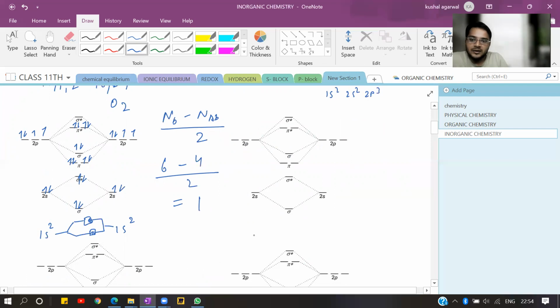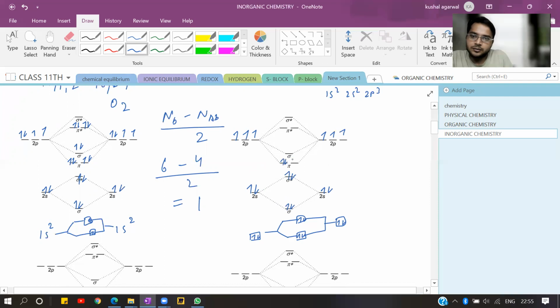So you can draw here 1s2, 2s2, 2p3. This is the configuration of one nitrogen atom. 1s2, 2s2, 2p3. This is the configuration of another nitrogen atom. Now you have to just put them in bonding and anti-bonding molecular orbitals respectively.